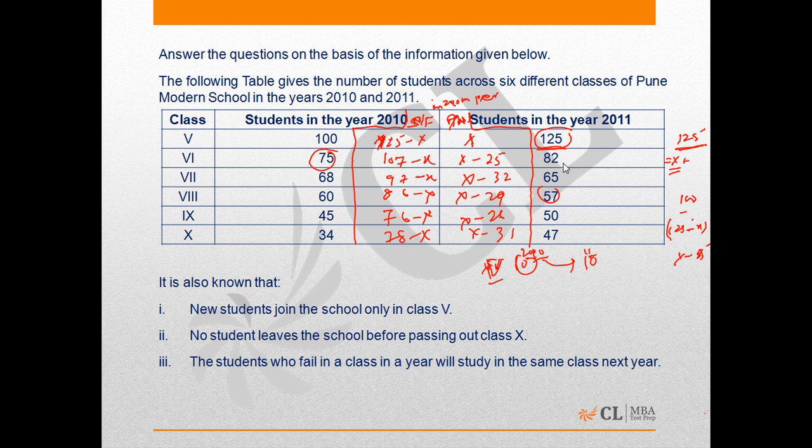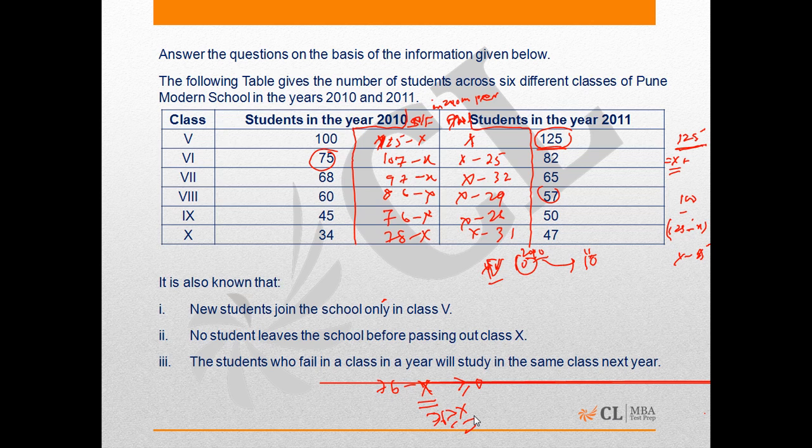we can say that the number was minimum in 2010 for class 9th, it was 76 minus X, and we know that the number of failed students cannot be less than 0, so it has to be greater than or equal to 0, and in that case the maximum possible value that X can assume is 76.